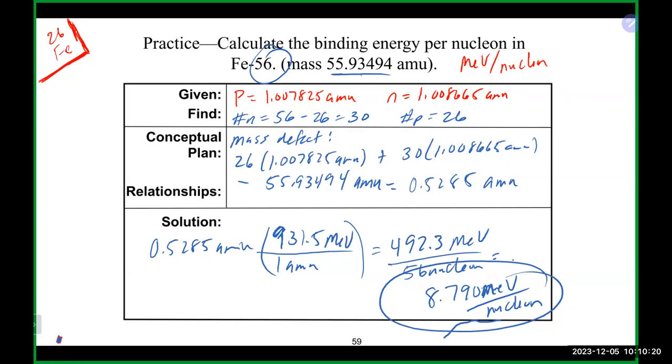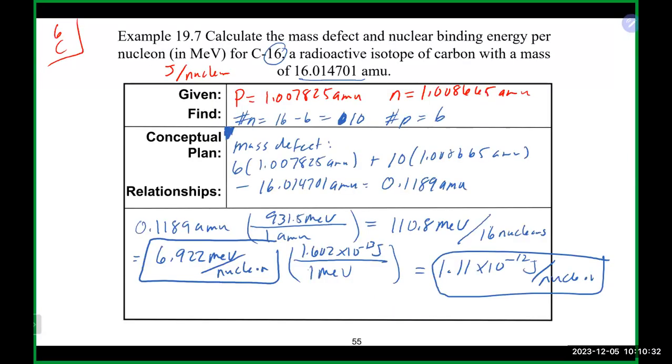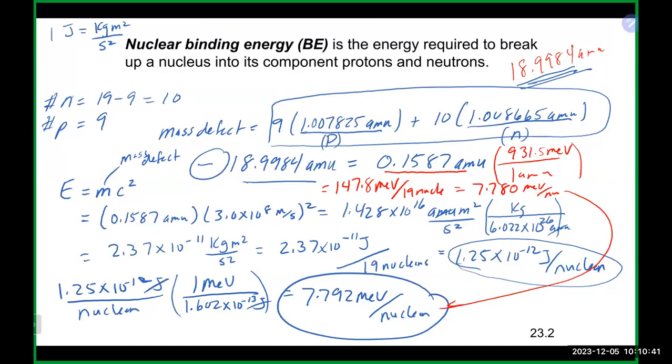So as I mentioned before, we could also use this as a measure of stability. If we look back at the three that we looked at, we have our iron-56 at 8.79 mega electron volts, we have our carbon-16 at 6.9, and we have our fluorine that we did at 7.7.